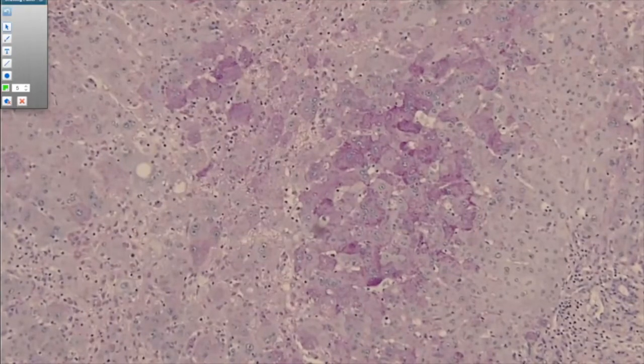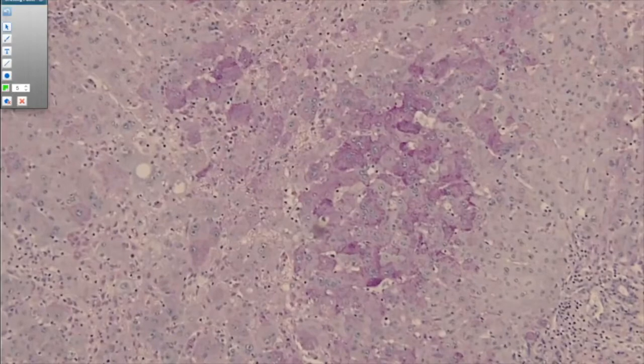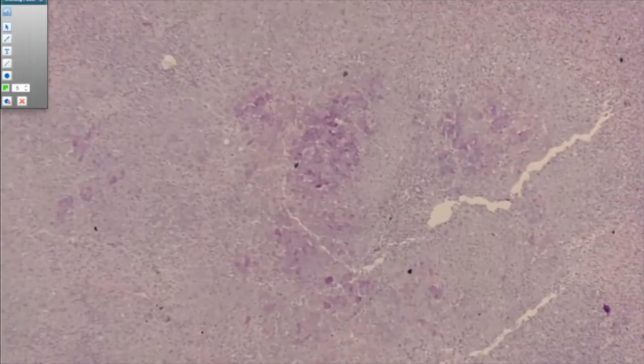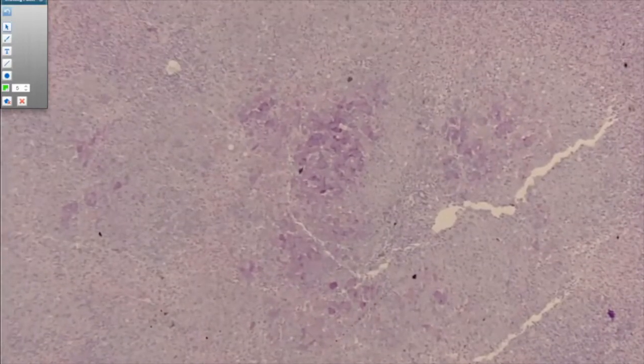Normally, PAS stains glycogen, so PAS stains hepatocytes everywhere. Hepatocytes should be all red in PAS, but in this liver failure case, you can see a very small amount of viable hepatocytes, which is highlighted nicely, and we can estimate how many hepatocytes are viable.